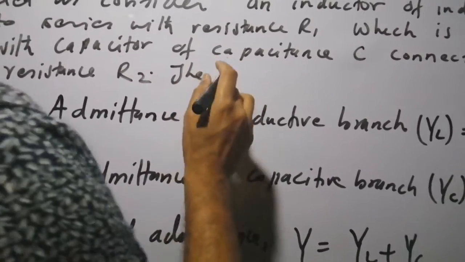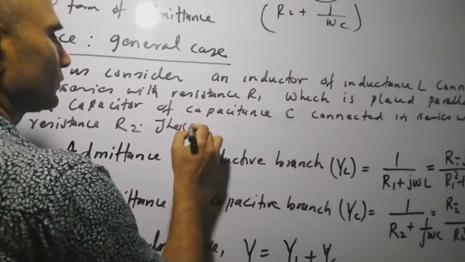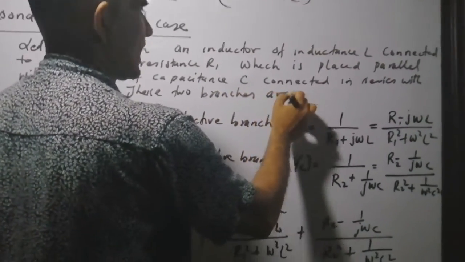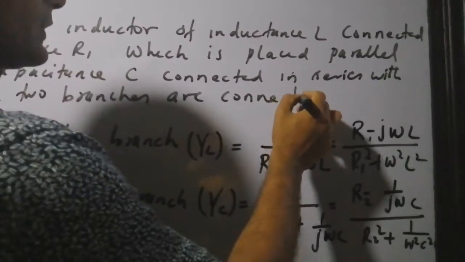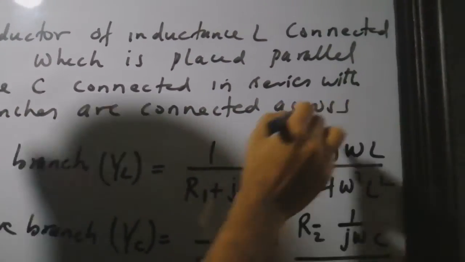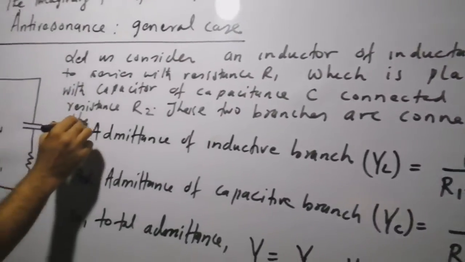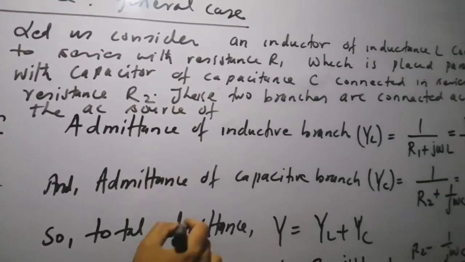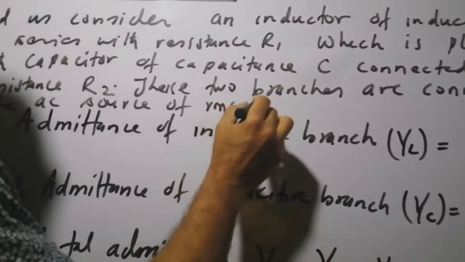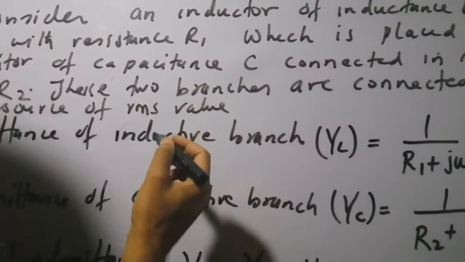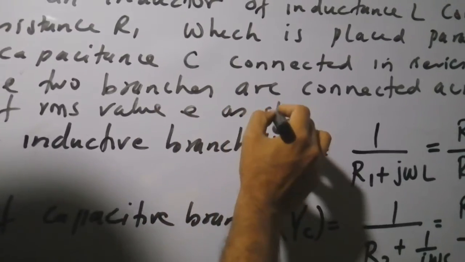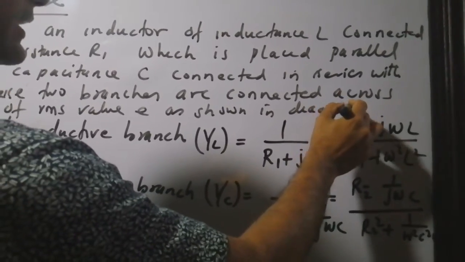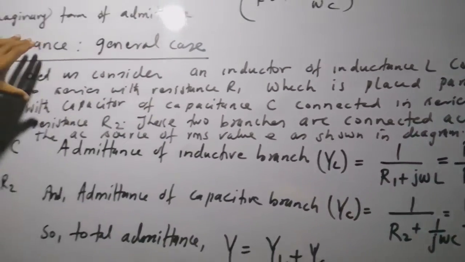These two branches are connected across the AC source of RMS value E, as shown in the diagram. So this is the introduction part I wrote.